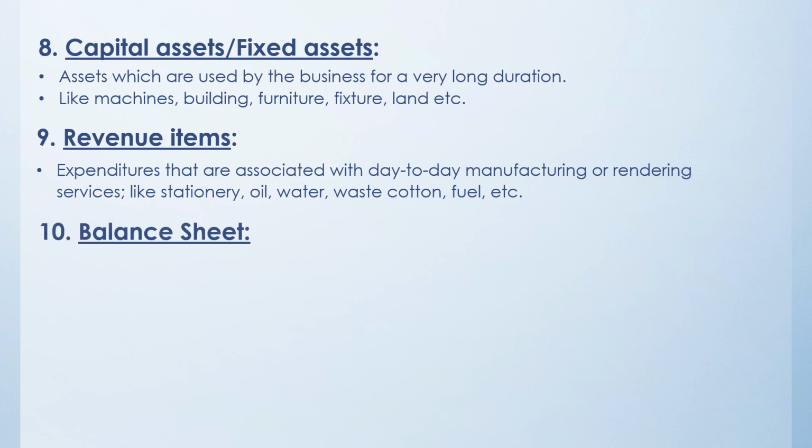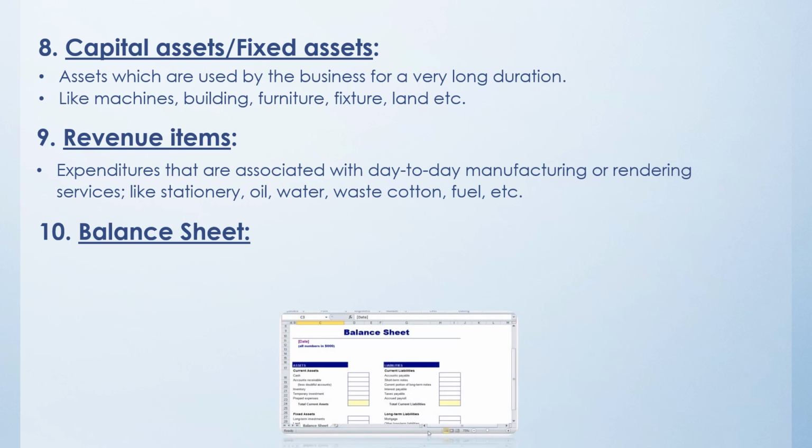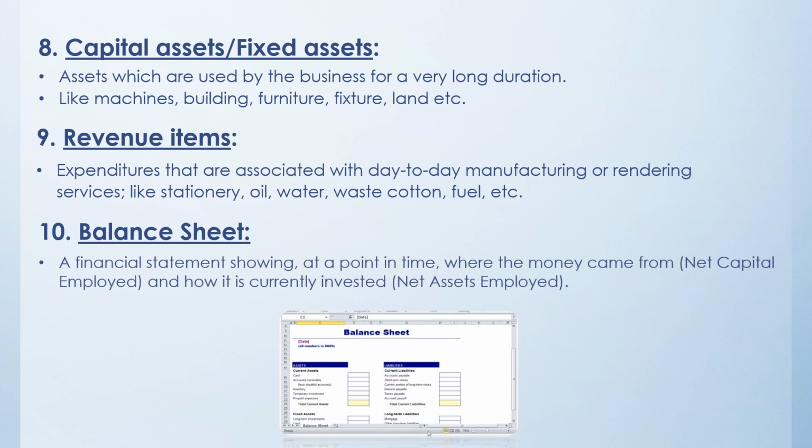Now moving on to the balance sheet. So these are basically a financial statement showing at a point in time where the money came from and how it is currently invested. Now, trial balance.